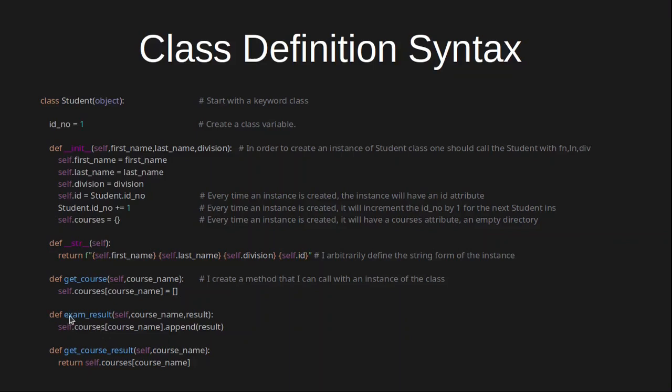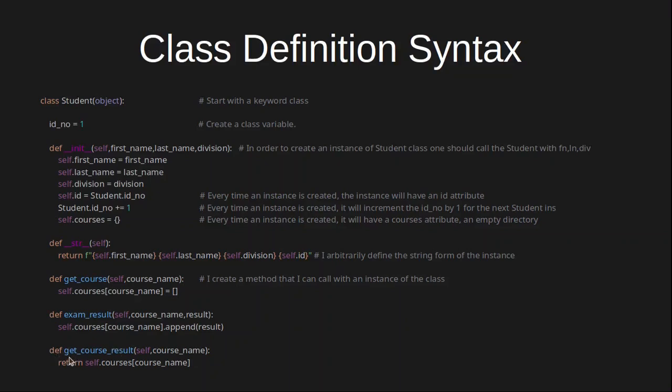The next method is called exam result. It takes 3 arguments, the instance, course name, and the result. It changes the state of the attribute courses. It appends the result to the value, which was initially an empty list, of courses with key course name.